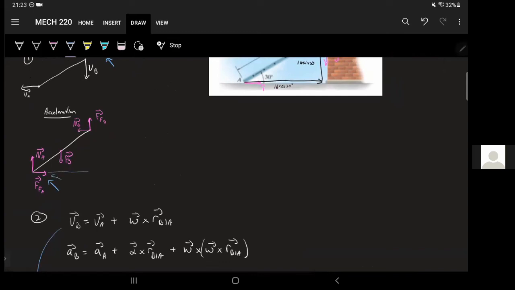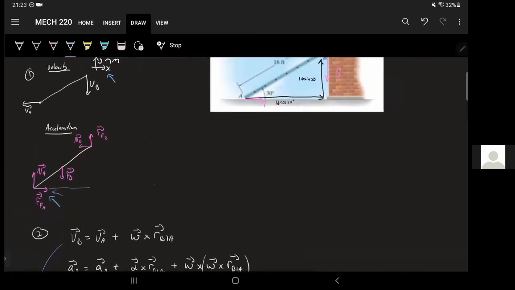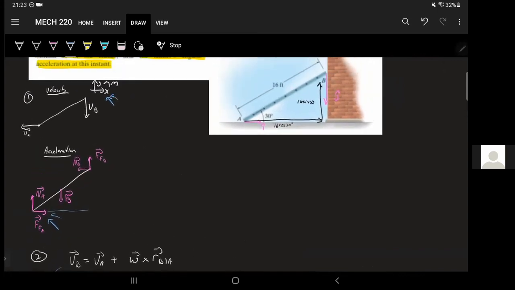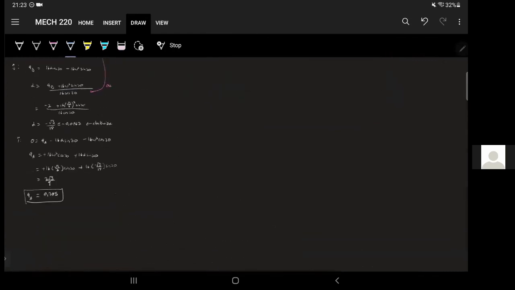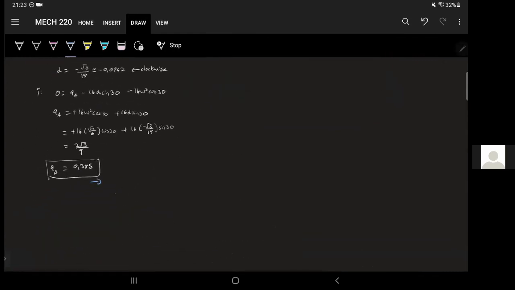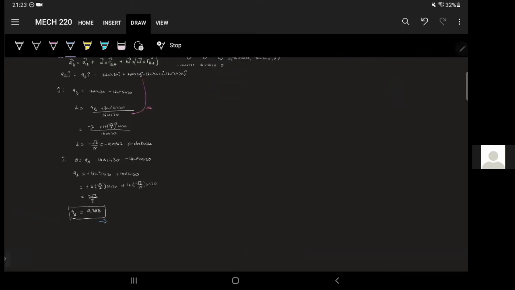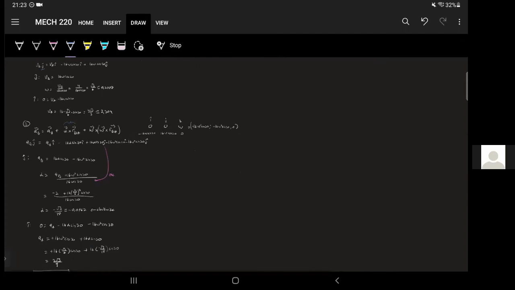So it makes sense that you have an acceleration going in the positive x-axis, so going in this direction, which is what the positive sign is basically. All right, and then this is the solution. You didn't even need to find the acceleration at the end, I think, because they didn't ask for it, but it's always good to know.